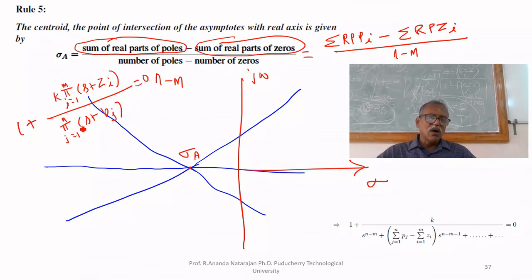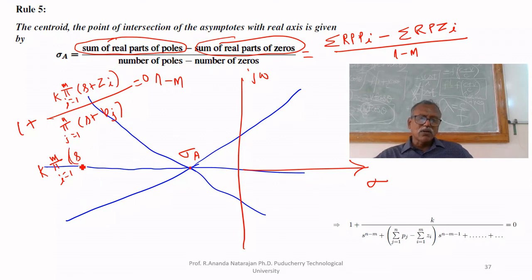Equal to 0, or we can write k multiplied by the product of i equal to 1 to m of (s plus z i).